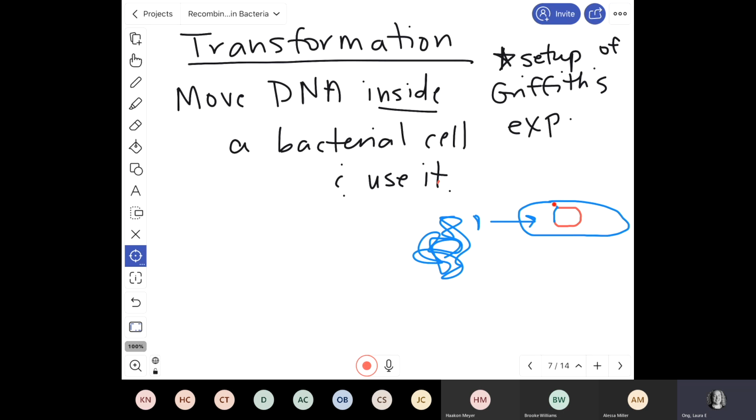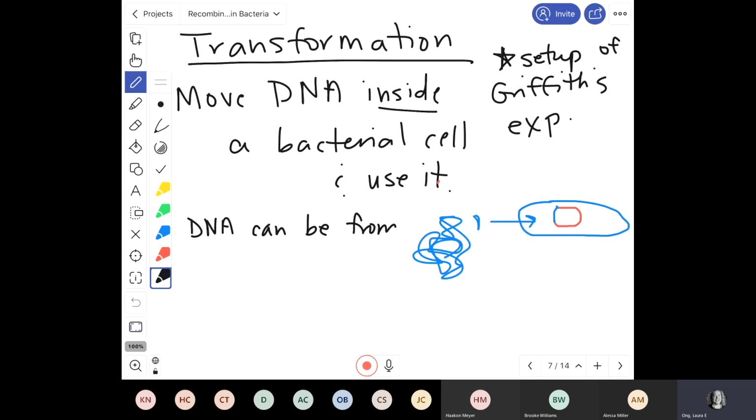This is the most common way that bacteria can transfer genes. This does not require the DNA to be related. The DNA can basically be from any source.